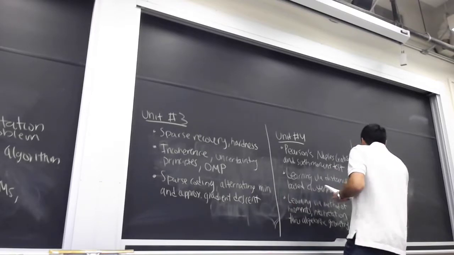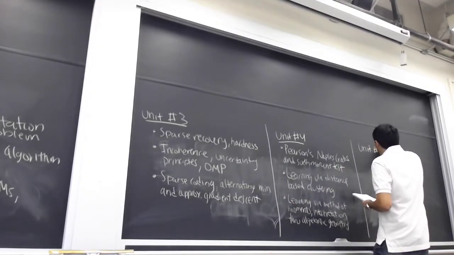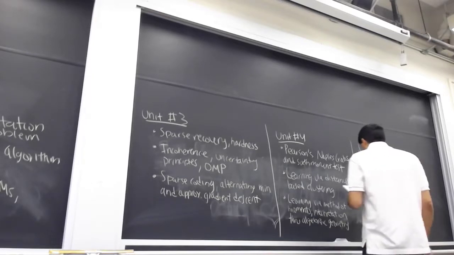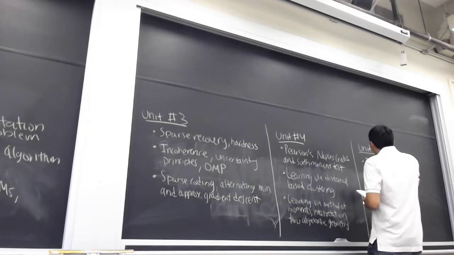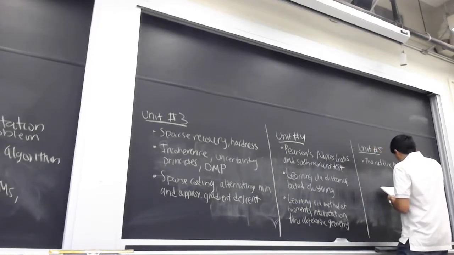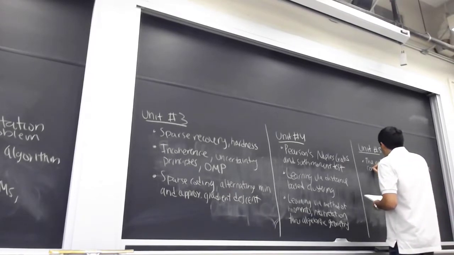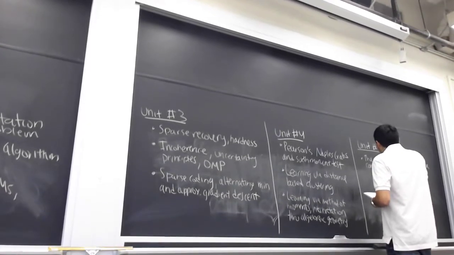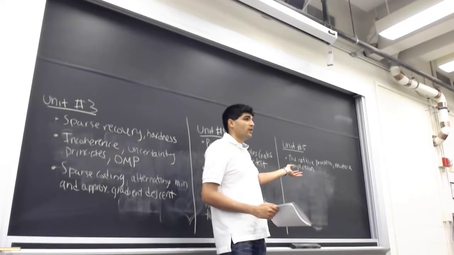All right, and finally, the very last unit that we talked about was the matrix completion problem. So we talked more particularly about the Netflix problem. And there's a whole rich set of problems out there which are really about inverse problems.